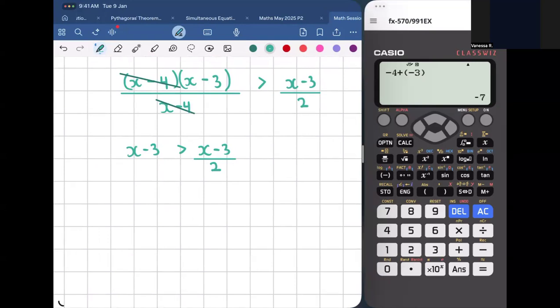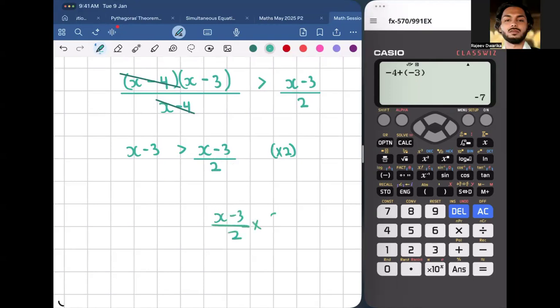So if we multiply both sides by 2, what do you think would happen to the 2 over here? It will cancel. And because it cancels off, do we get rid of the fraction? Yeah.